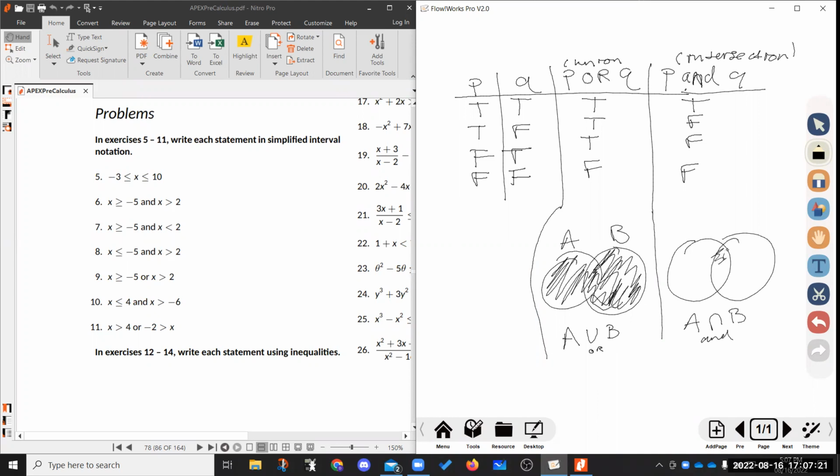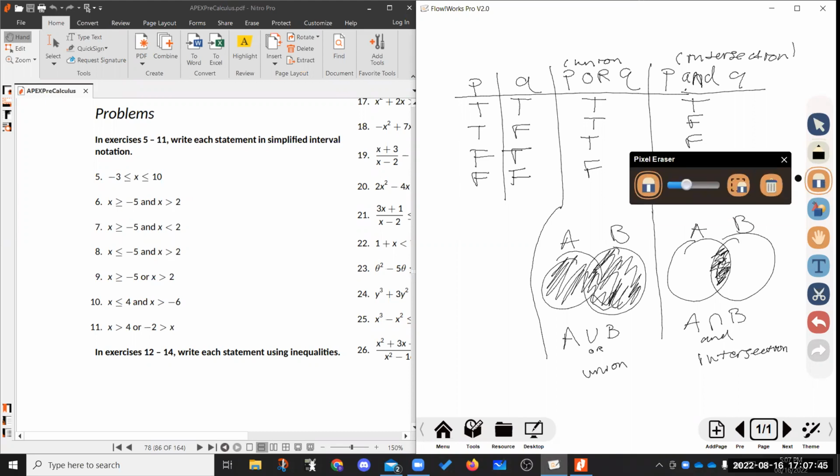It's only what's in both of them. So the one that looks kind of like a letter A is going to be and. The one that looks like a U is going to give me a union. This is going to be an intersection. Okay.